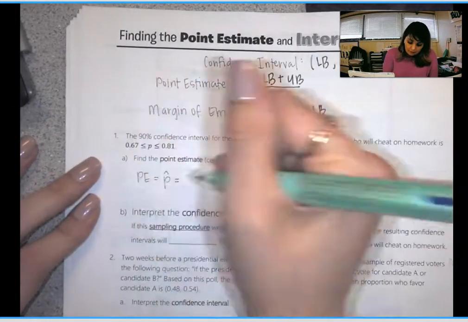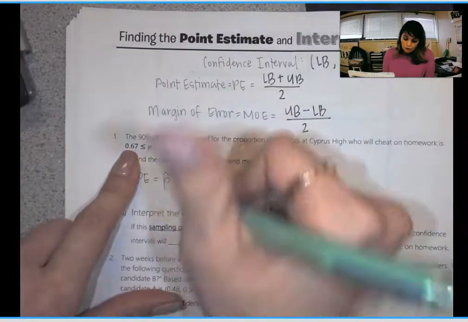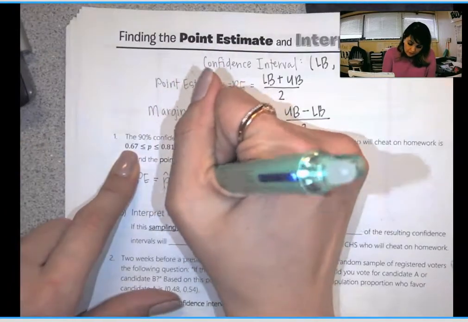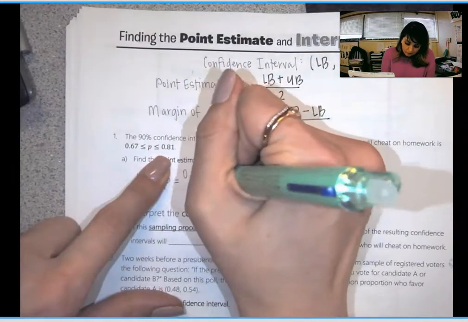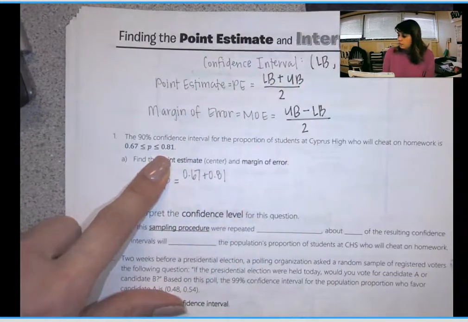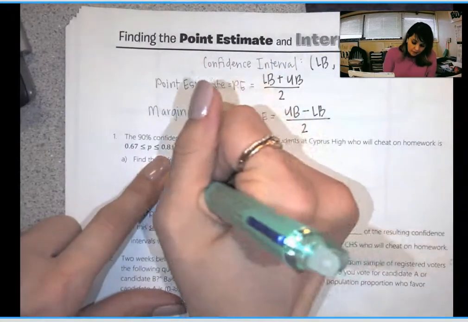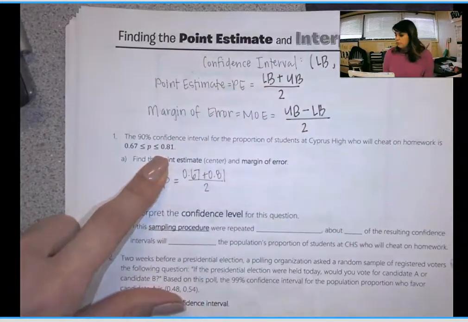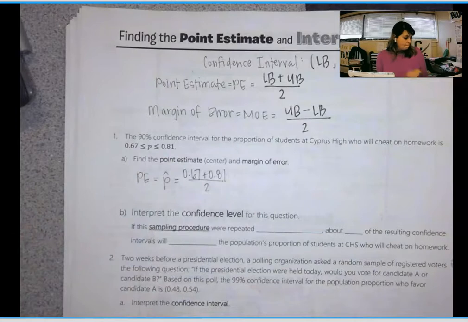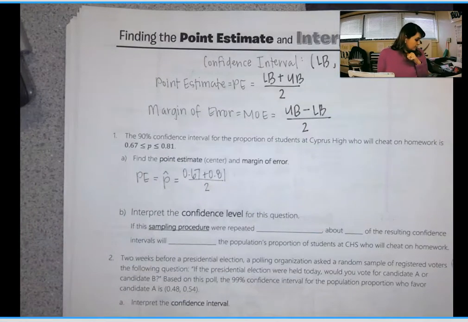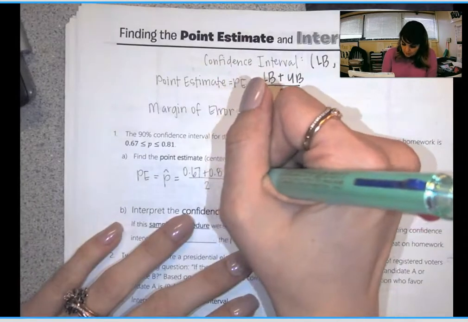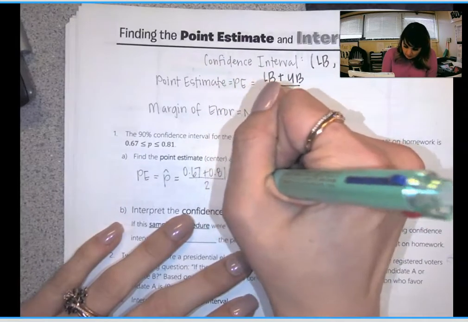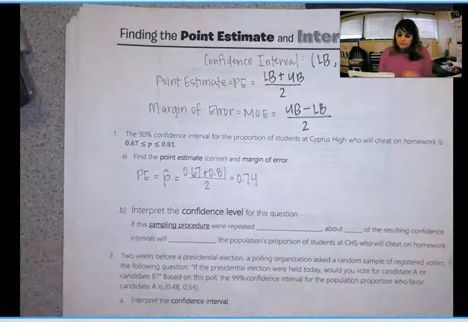And to find p hat, we take our lower bound, 0.67, plus our upper bound, 0.81, and we divide that by 2. That gives us a point estimate, or a p hat, of 0.74.